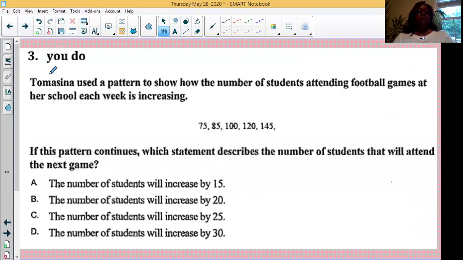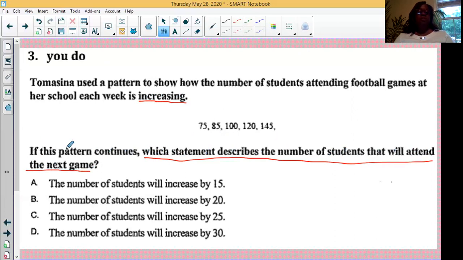And it reads, Thomasina used a pattern to show how the number of students attending football games at her school each week was increasing. Okay, increasing means the numbers are getting bigger. If this pattern continues, which statement describes the number of students that will attend the next game? All right, so just like we found just now, the rule for the sequence of numbers, that's what you're going to do here.